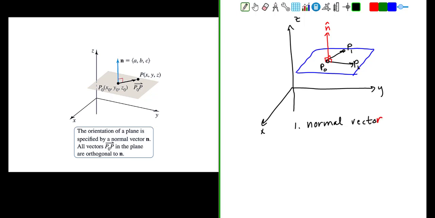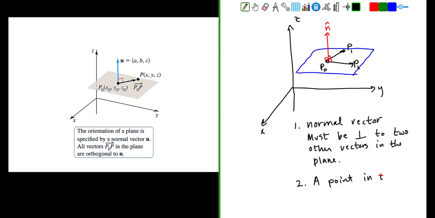And that normal vector must be perpendicular to 2 other vectors in the plane. We also need a point in the plane to help us describe an equation of a plane.